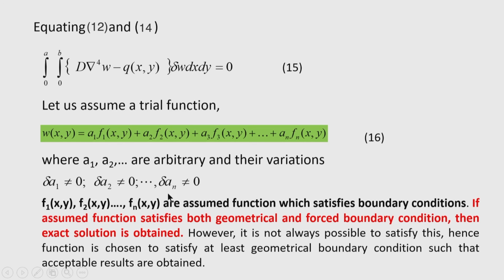So, now substituting this, we can write the expression of delta w, variation of the displacement. Delta w will be f1(x,y) into delta a1 plus f2(x,y) into delta a2 plus f3(x,y) delta a3, like that fn(x,y) delta an.